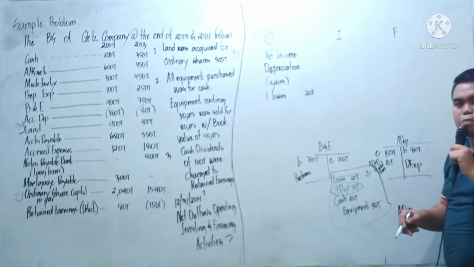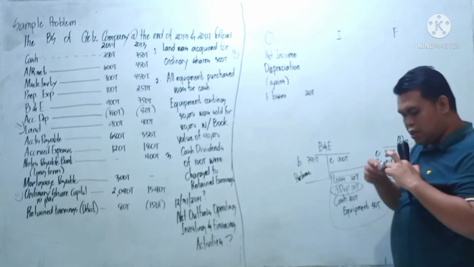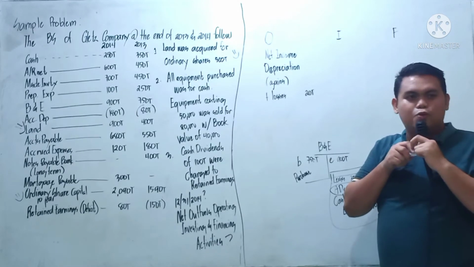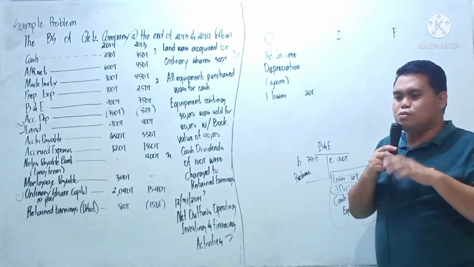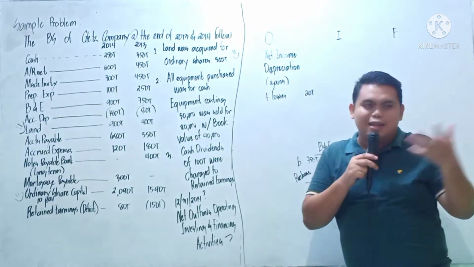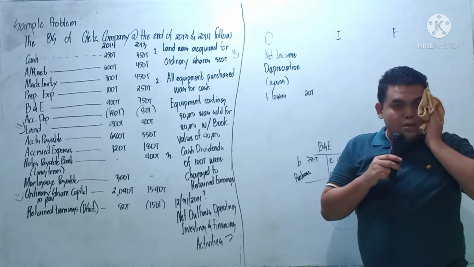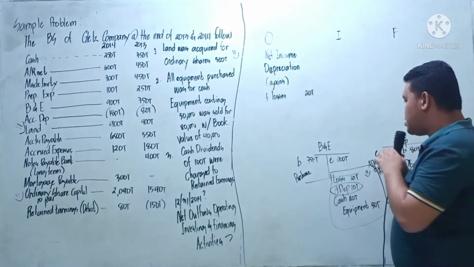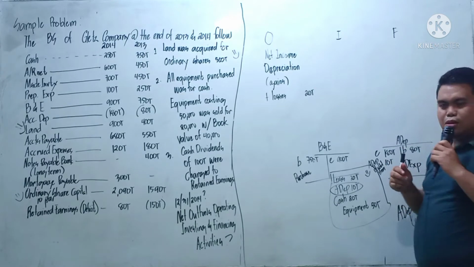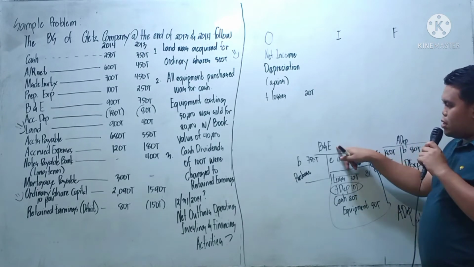When we talk about major repairs, kanang mga repairs na kinahanglan para mudagan ang equipment. Kung minor repairs ra, expense na siya. Pero pag major repairs i-capitalize gyud na, so i-debit siya sa building and equipment usahay.